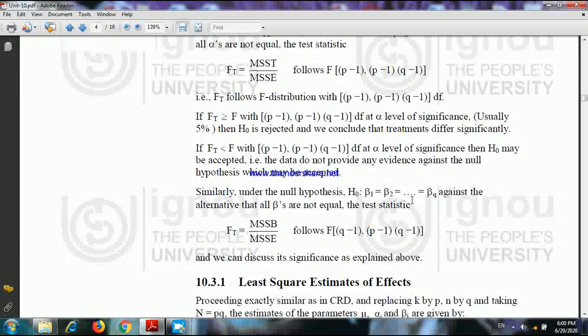So under H naught, what happens? Ft, which we have calculated, MS due to blocks divided by MS due to error, follows F distribution with Q minus 1 and (P minus 1)(Q minus 1) degrees of freedom. Q minus 1 is the degrees of freedom for blocks, and this is the degree of freedom for error.